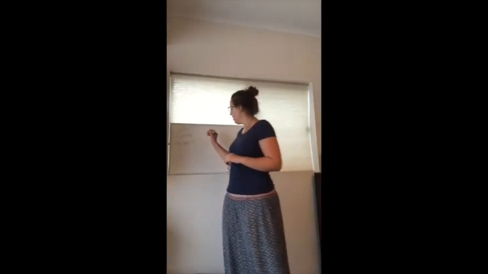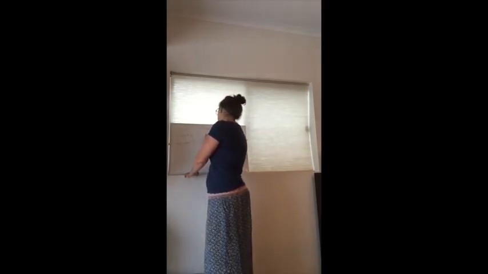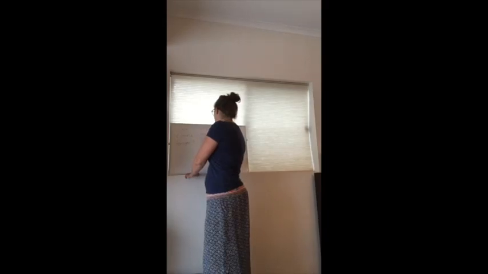And who can tell me what ratios apply to each of those? Alright, so we have opposite over hypotenuse. We have adjacent over hypotenuse, that's right. And opposite over adjacent.